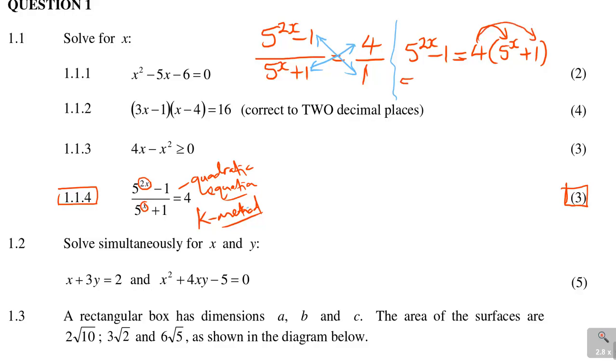So you have got 5 to the power 2x minus 1 is equal to, now this is what students sometimes get tempted to. They multiply 4 times 5, they'll say 20 to the power x. Now that is wrong, because just picture it like this. If I say to you 2 times 3 to the power 2, this is not 2 times 3, then it's 6 to the power of 2.